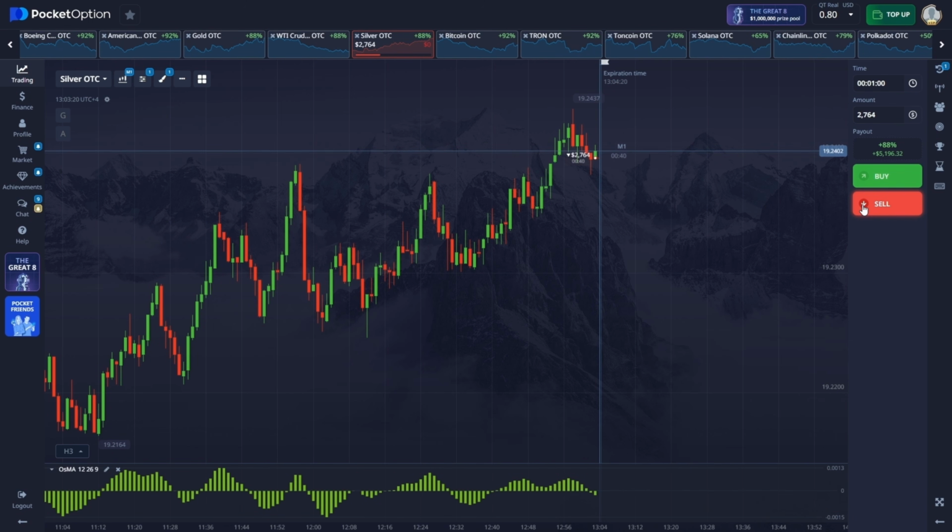The trade was not going in our favor, but we still have 38 seconds left. Okay, now the candle reversed. Now the trade is going in our favor, but we still have 28 seconds left.